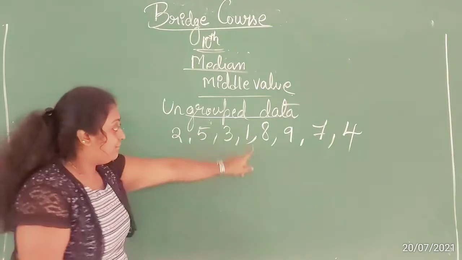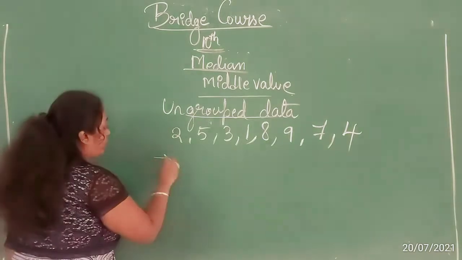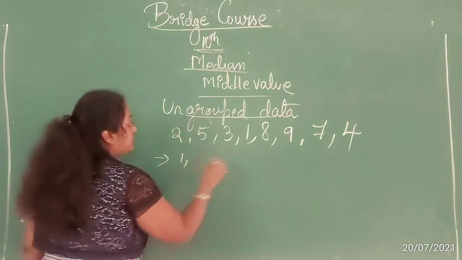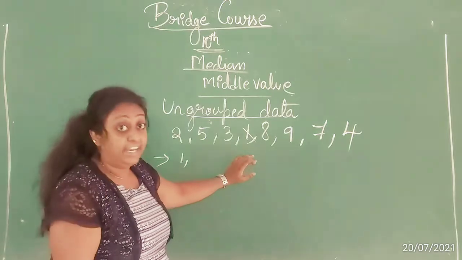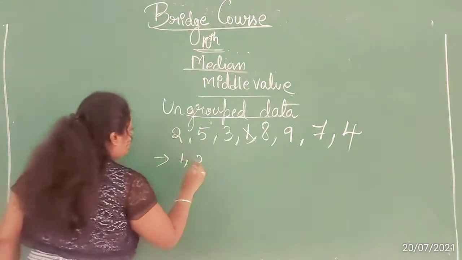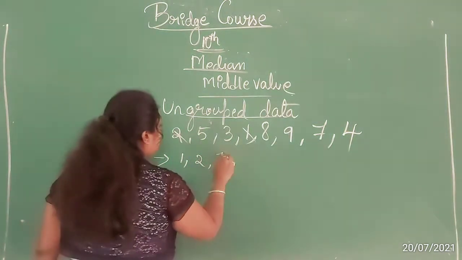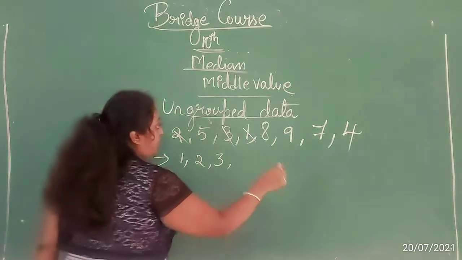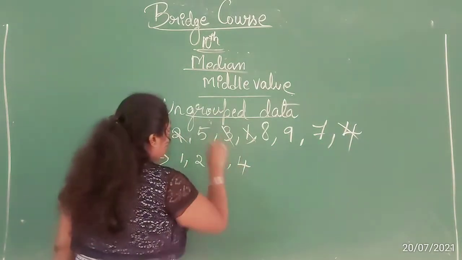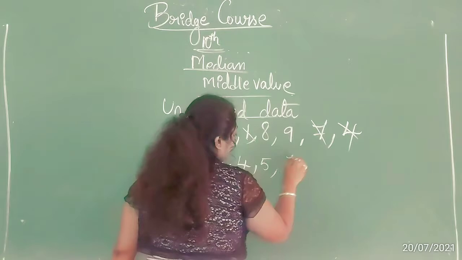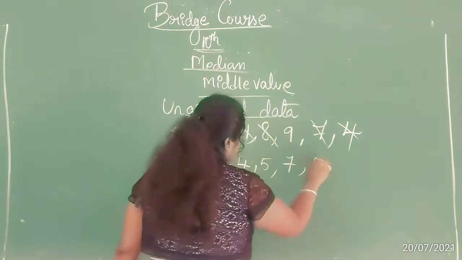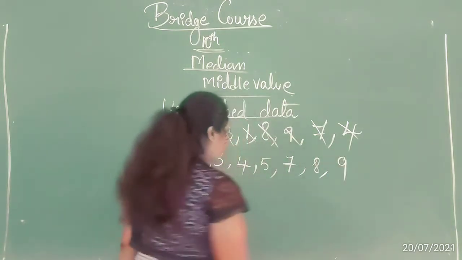Now we are starting with number 1. I am rewriting it. Okay, 1, this one dash. When you are writing, scratch it out because you should not rewrite it. Next 2. Next is 3, 4. Next is 5. 6 is not there, 7. Then 8. Then 9.